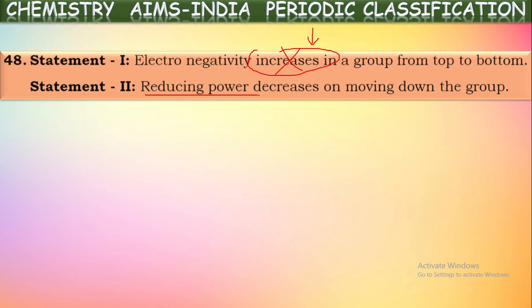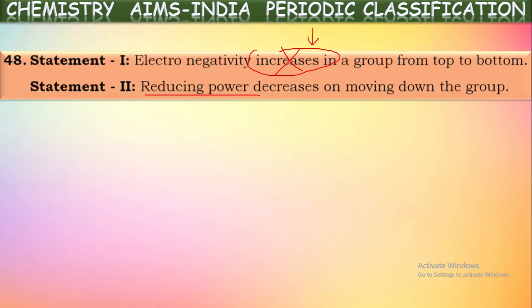The element which can lose electrons easily will be a good reducing agent. Now you see, in a group from top to bottom, which element can lose electrons easily? The element with greater size. We know in a group the bottom element will have greater size. So the bottom elements will have much more reducing power.